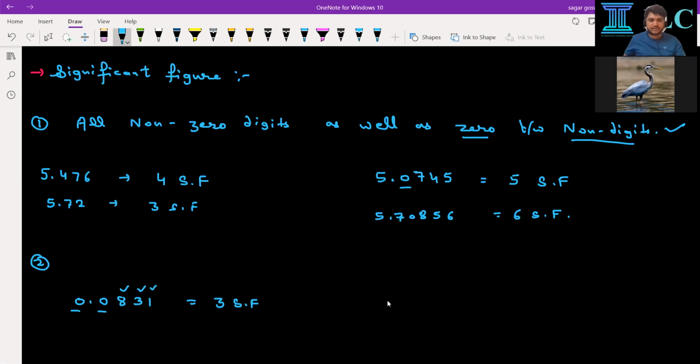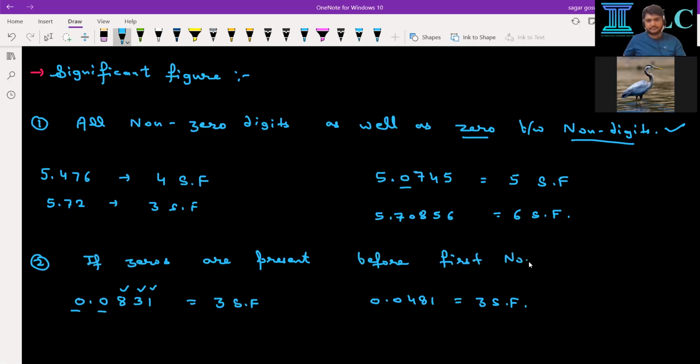If zeros are present before the non-zero digits, they will be neglected. Suppose I am saying 0.0481, how many significant figures? Three. So this is the second rule: if zeros are present before the first non-zero digit, you will not consider them. They will not be significant figures.